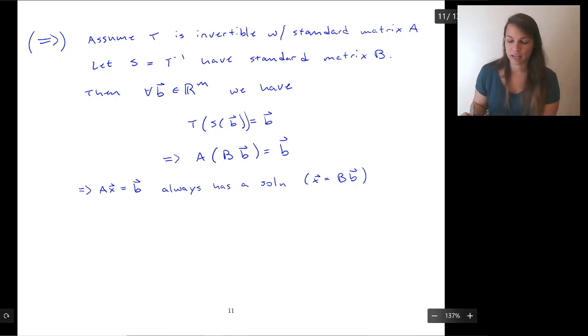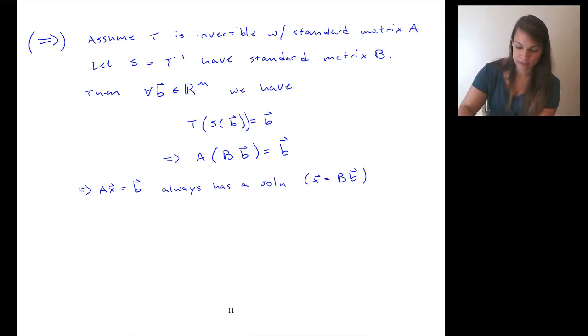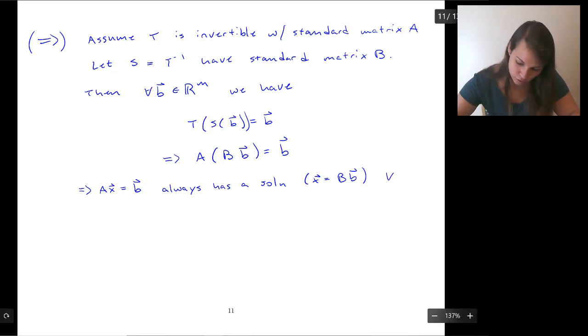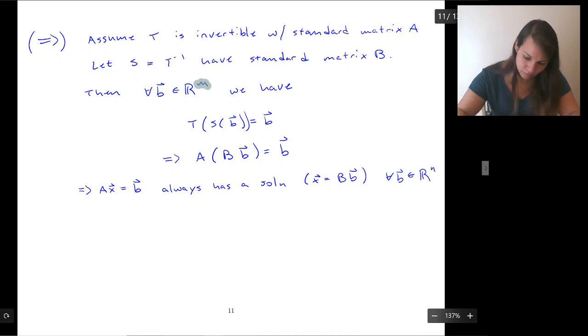So that's how we know that it always has a solution, because this B times b vector is going to be the solution. So for all b in Rn. Oh, I have an M over here. That one should have been an N. My bad.